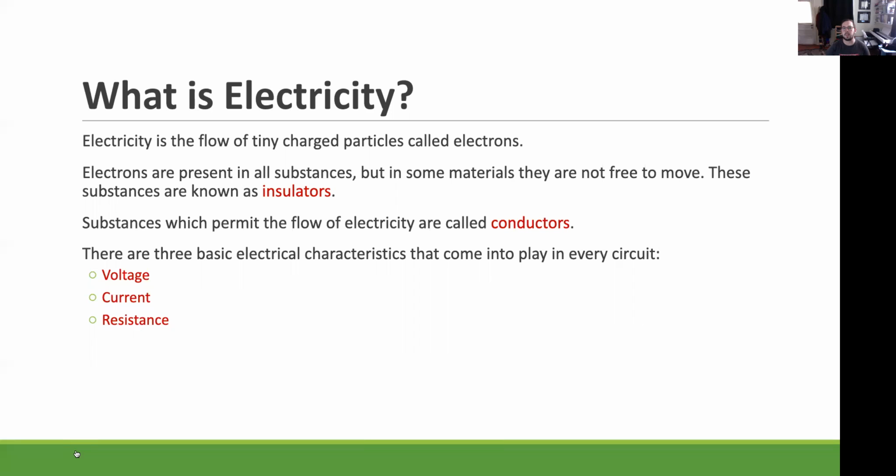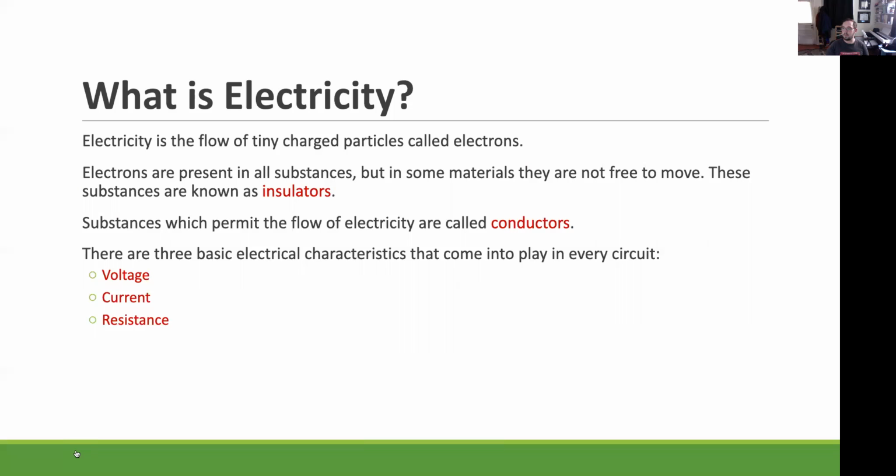Electrons are the smallest particles that make up an atom, and they essentially orbit around the nucleus of the atom, which is composed of the other two parts. Not all atoms can have this happen, but when the electrons move from A to B, that's essentially what electricity is. It's just electrons moving from one point to another point, and that's really it.